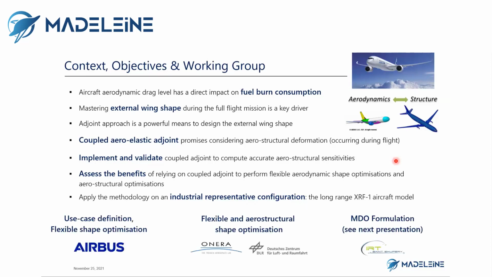And for that, we set up a working group where the role of Airbus was to define the use case and to perform the flexible shape optimization. Onera and DLR did similar optimization, and additionally MDO with aerostructural shape optimization, and everything with the support from IRT Saint-Exupéry on the MDO formulation, and you will see this later in the next presentation by Anne Gazaix and François Gallard.